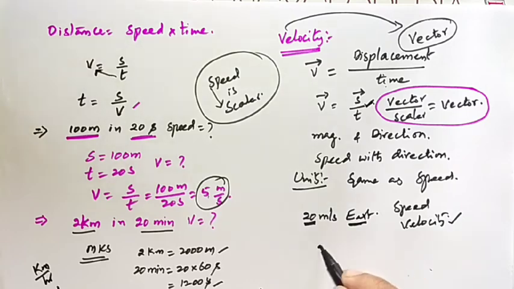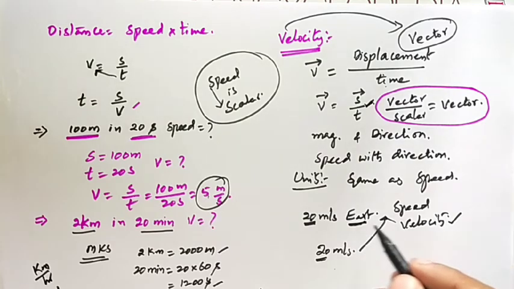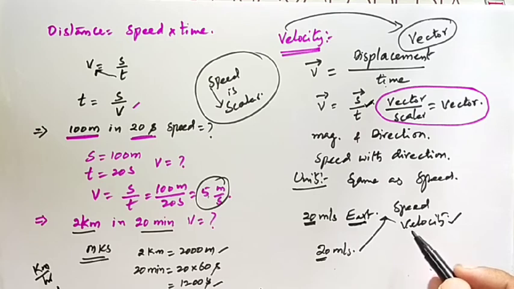If I write only 20 meters per second, what is this? This is speed, because it has only magnitude. But the other has both magnitude and direction, so it is a velocity quantity. Any confusion?